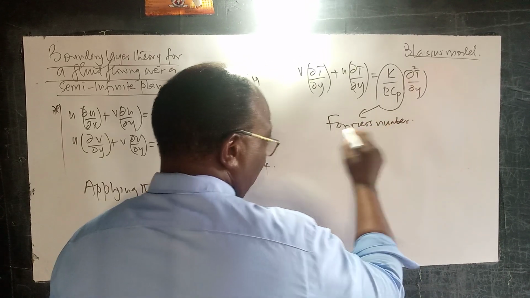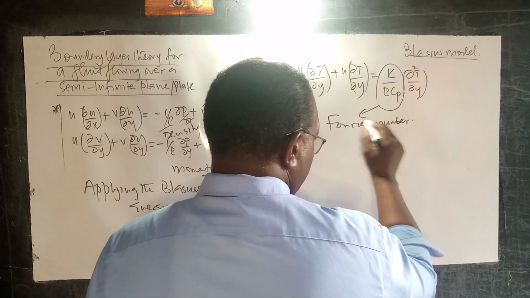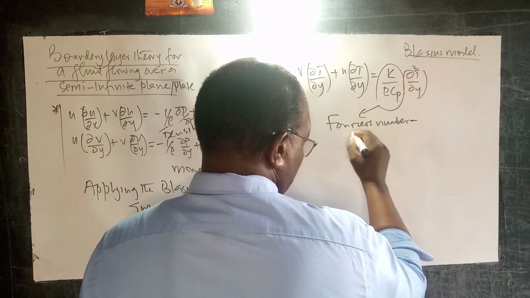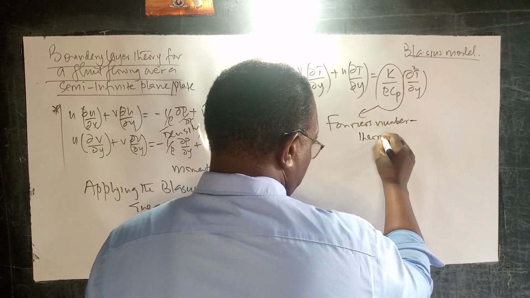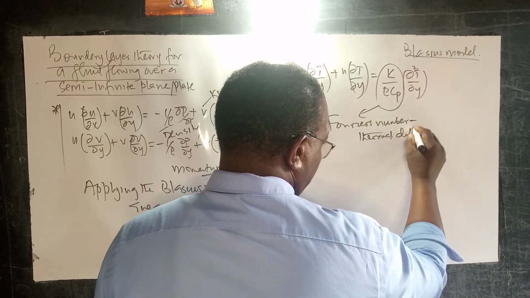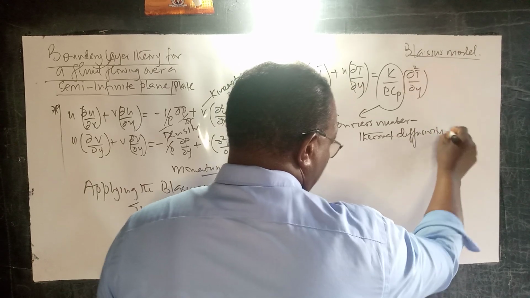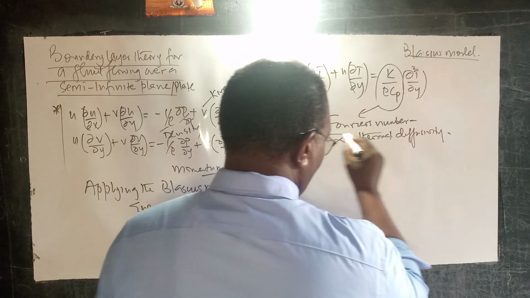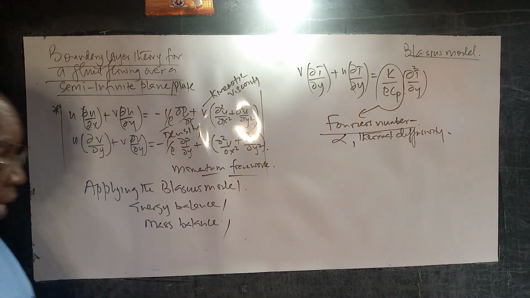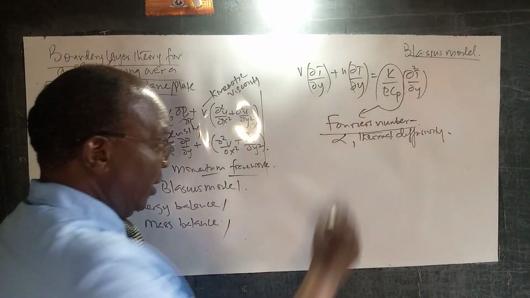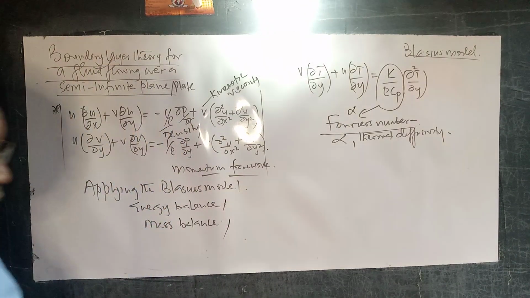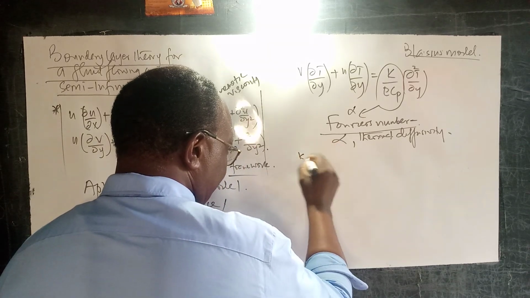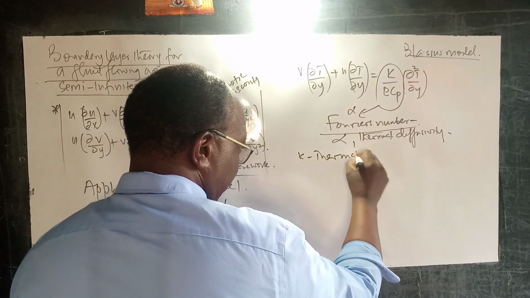It contains the thermal diffusivity, alpha. So it's part of the Fourier number, and we refer to it as thermal diffusivity.